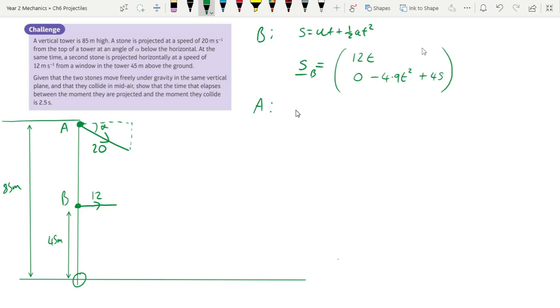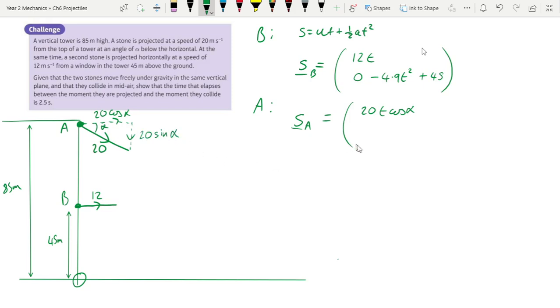If we do the same for particle A, horizontally its initial speed is 20 cos alpha. So it's going to be 20 cos alpha and then times t. So I'm going to write it as 20t cos alpha. And then vertically, its vertical speed is going downwards at 20 sine alpha.